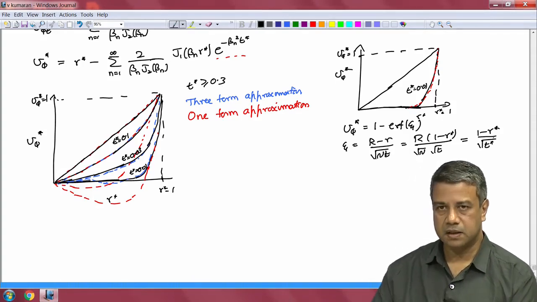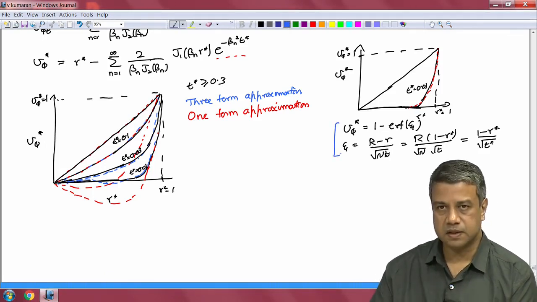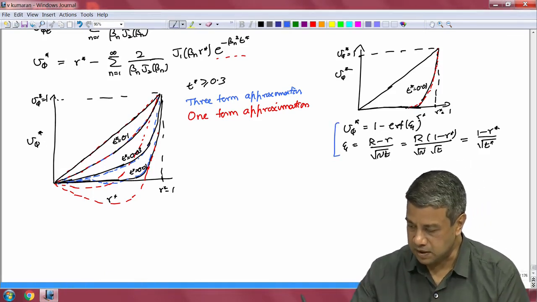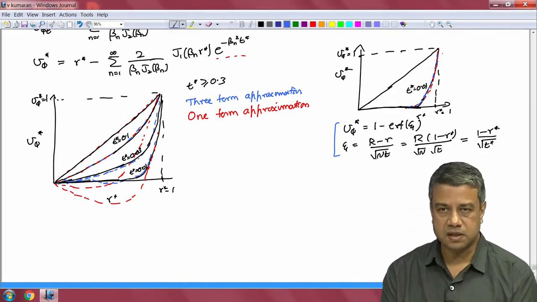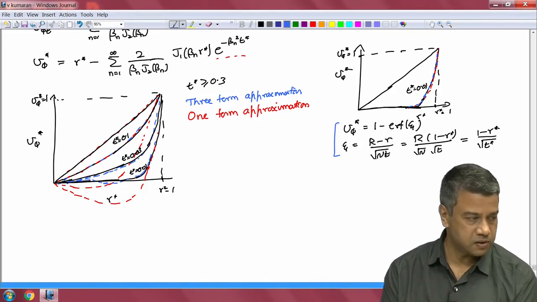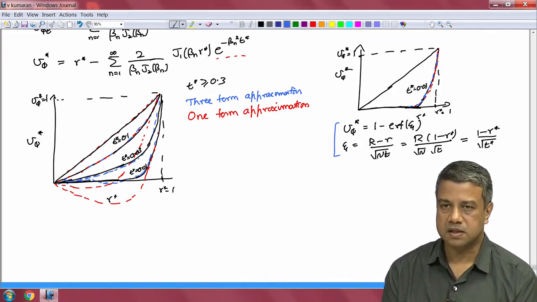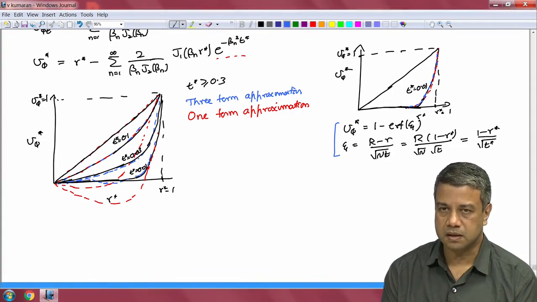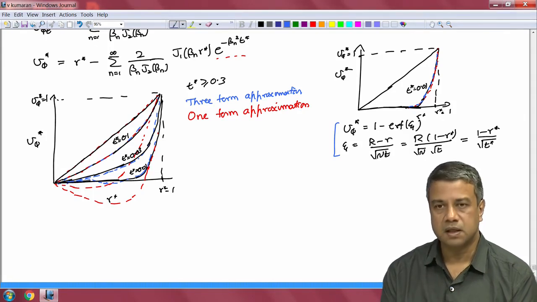If I use this transformation and express the solution, then I get a solution which is almost identical to the exact transient solution for t star less than about 0.01. As t star increases, when the penetration depth becomes comparable to the cylinder radius, this solution no longer applies, but at very early times this solution does apply.